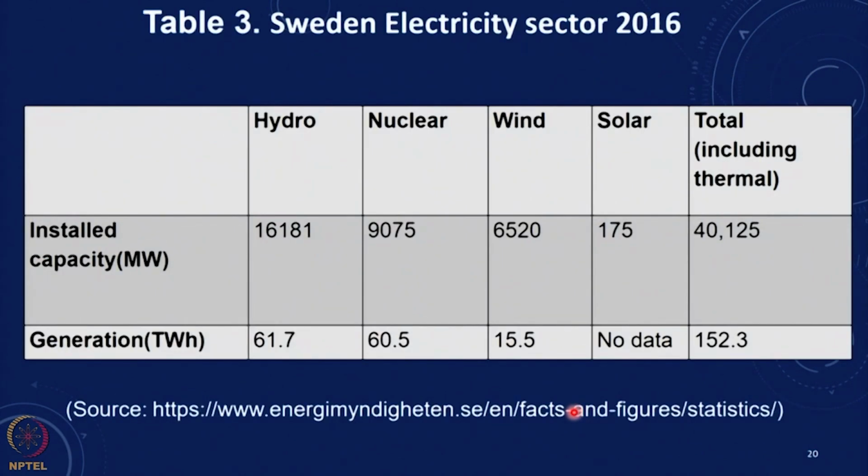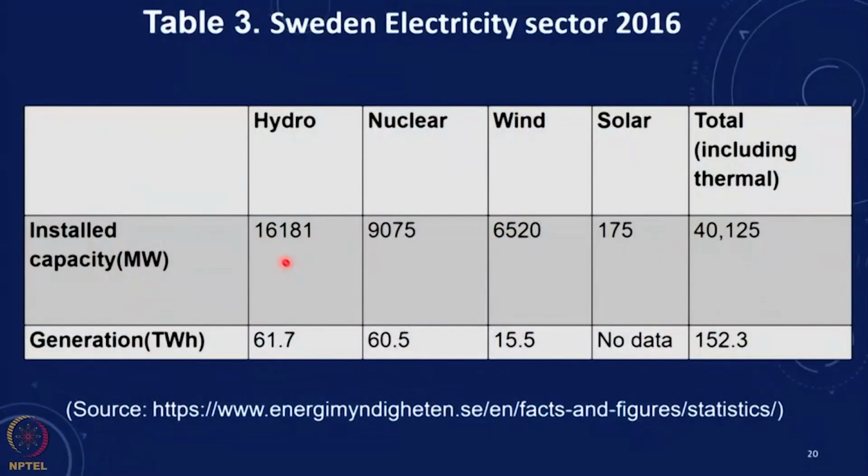The next table shows us the Sweden electricity sector mix in hydro, nuclear, wind and solar, and the generation. We can see very clearly that, including the thermal, the installed capacity of hydro is quite significant.